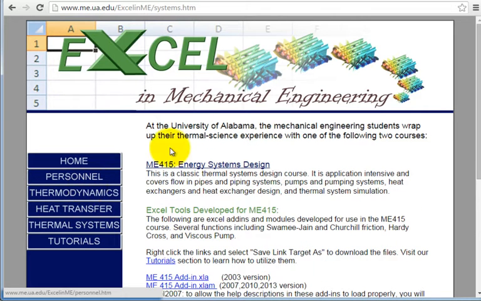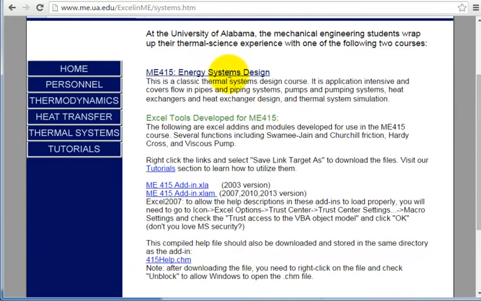So click on that one, and in the energy or thermal systems design class, they talk about the Churchill friction factor, the Hardy Cross, and maybe a few other things. Did we download that, or did I show you or encourage you to download it? So the add-in as well as the help, make sure and grab the help for that.